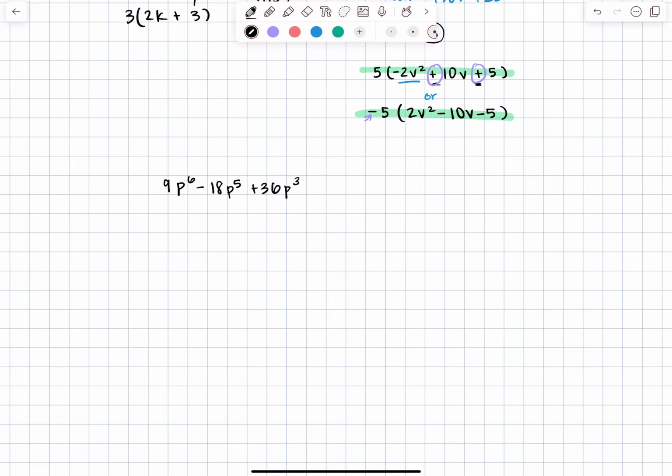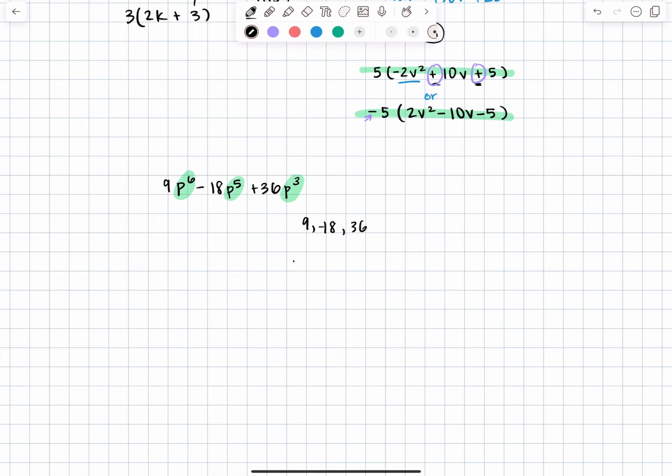Here we have common variables, so each term has a variable, and we can bring the variables out. We also have the numbers, so let's start with the numbers. So we have 9, 18, 36. The negative is fine.